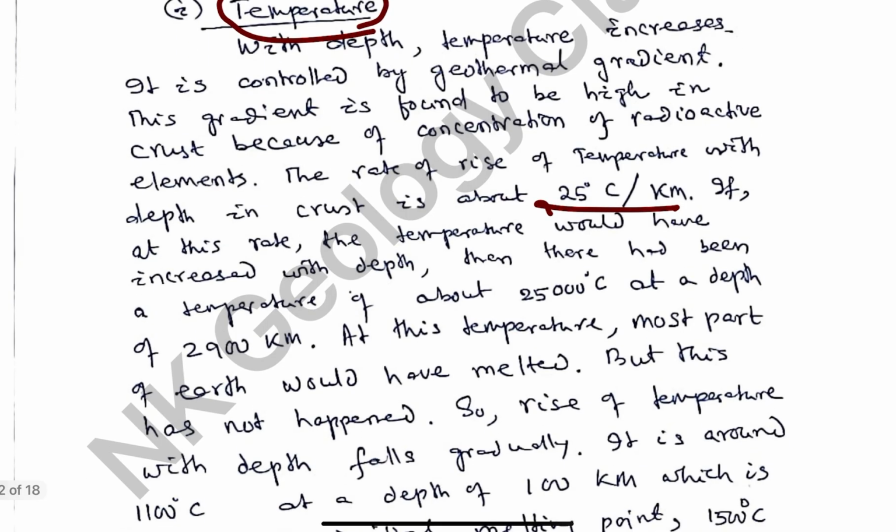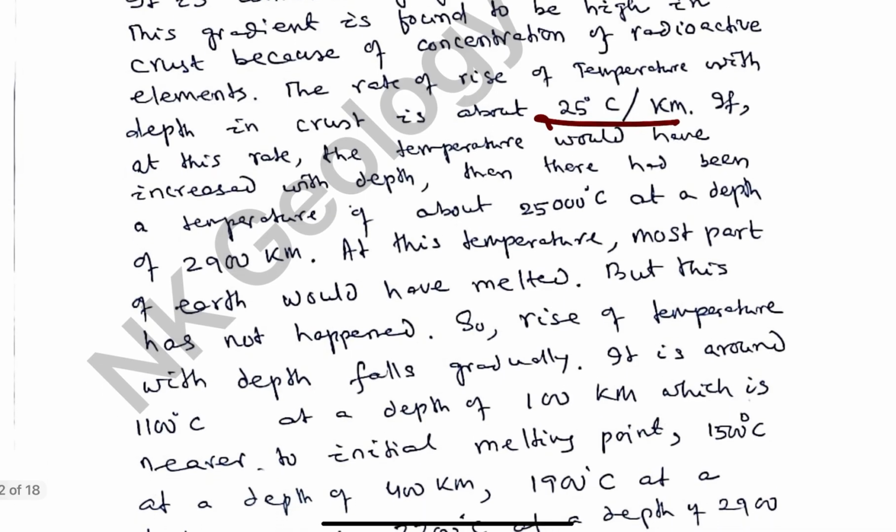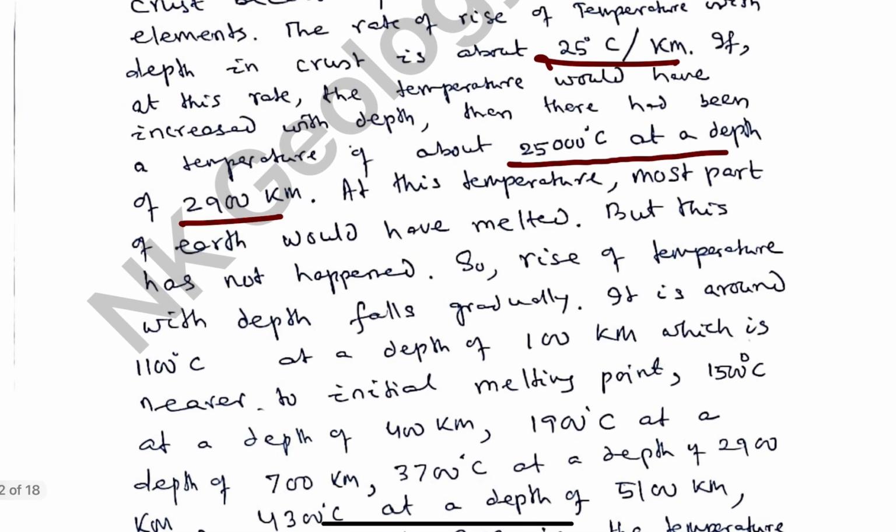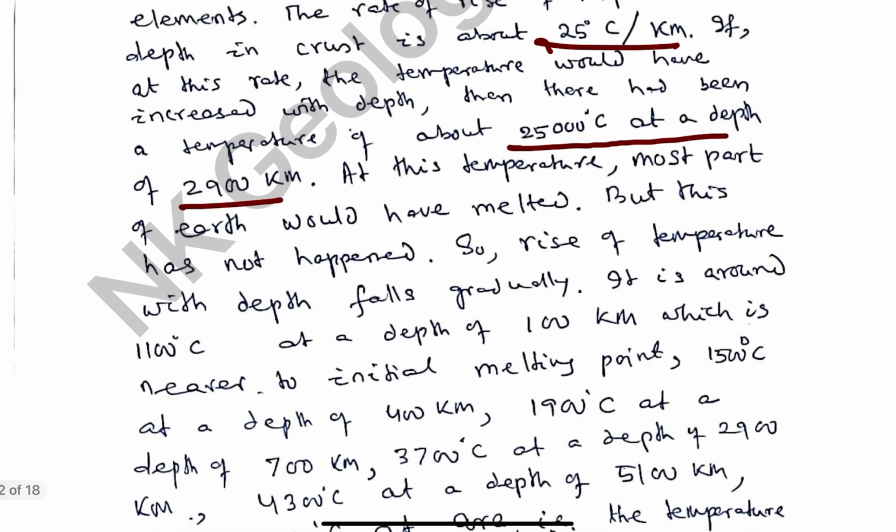But at this rate, temperature is not rising with depth. If this would have been the case, then the maximum temperature, about 25,000 degrees centigrade, should have been at a depth of 2900 kilometers. At this temperature, most part of the earth would have been melted, but that is not the case. So temperature is not rising at the rate at which it is rising in the crust.